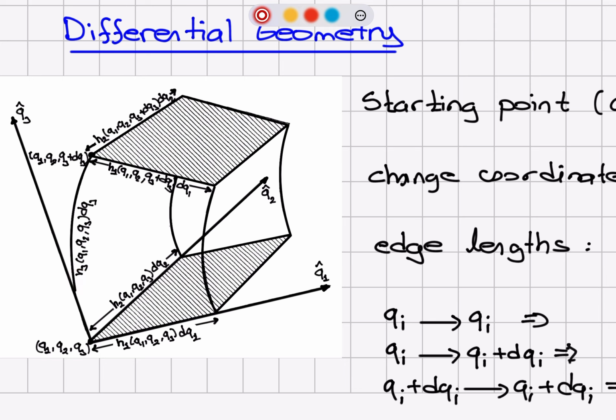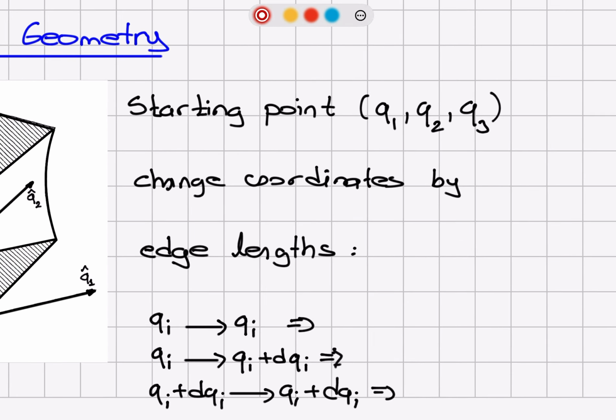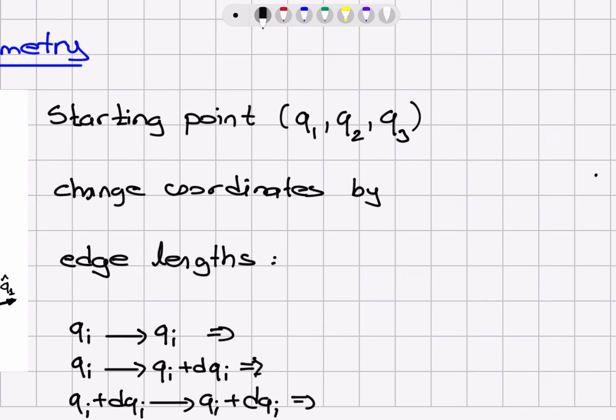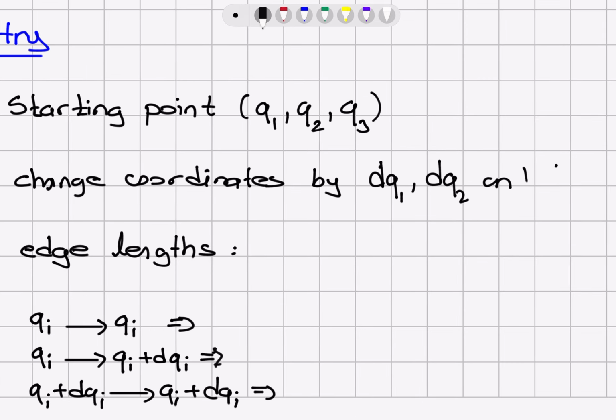Now on the coordinate axes q1, q2, q3, where we have the unit vectors q1 hat, q2 hat, and q3 hat, we're going to change the coordinates by an amount dq1. So we're going to change q1 by dq1, q2 by dq2, and q3 by dq3.